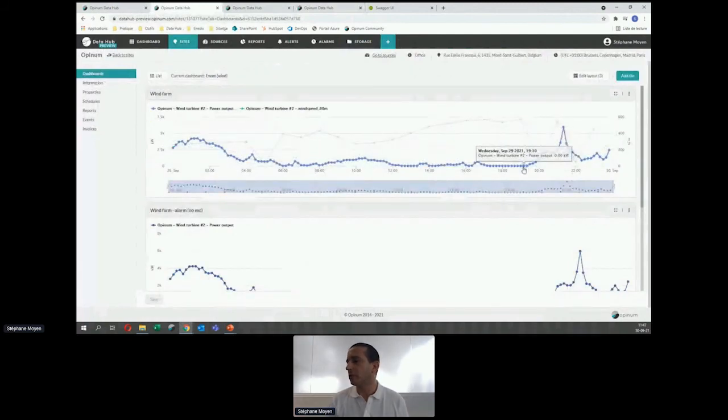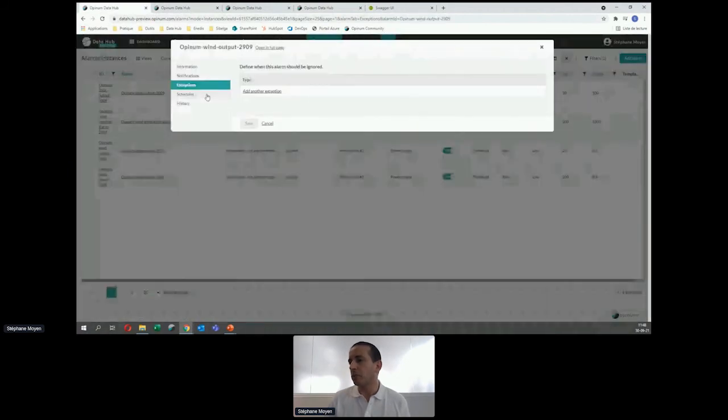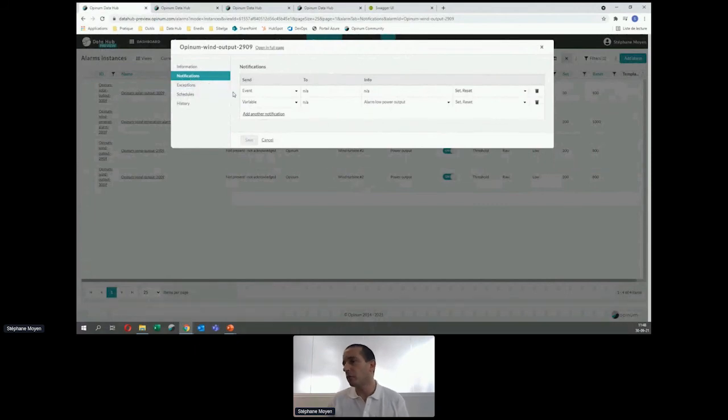What I'm doing is re-uploading the values of those data points and waiting for the system to generate alarms again. For this alarm, while it's processing, I set up different notifications. I have set up two notifications. One is of an event type when it sets and resets the states, so this is going to create site events for that variable.